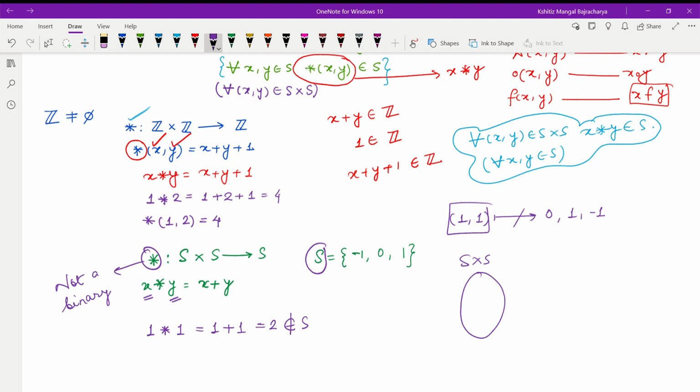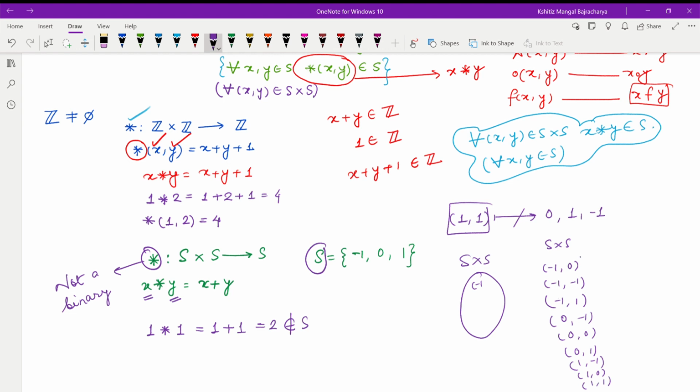Alright, we're going to have the pairs (-1, 0), (-1, -1), (-1, 1), (0, -1), (0, 0), (0, 1), (1, -1), (1, 0), and (1, 1).